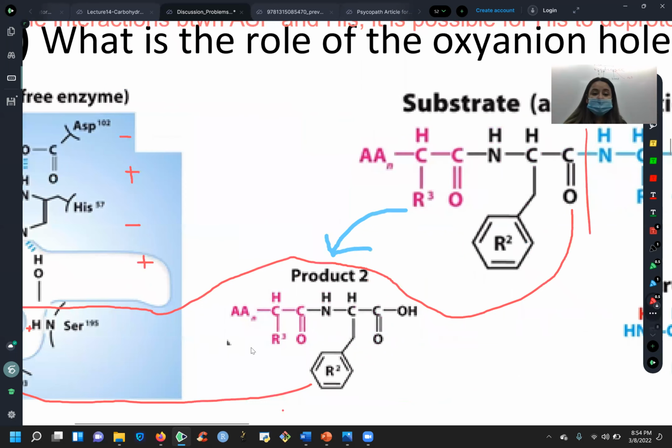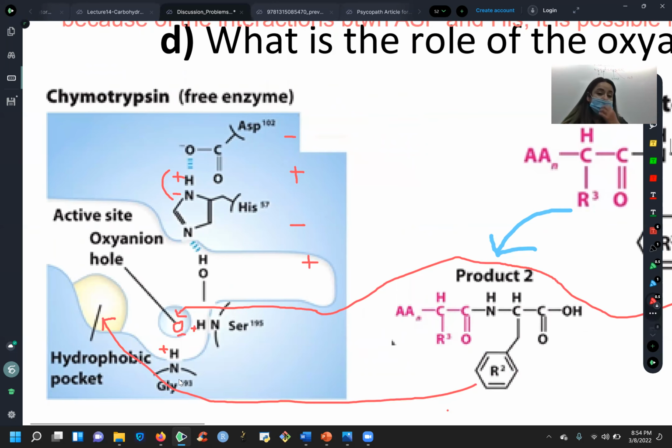And then we have these two little amino acid amines, NHs, that will help stabilize that negative charge on the oxygen at some point. Then we have these three very special amino acids that together make up the catalytic triad. And that is one of your most important terminologies for this chapter.